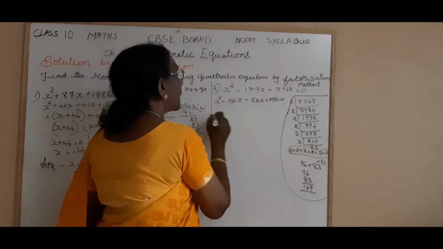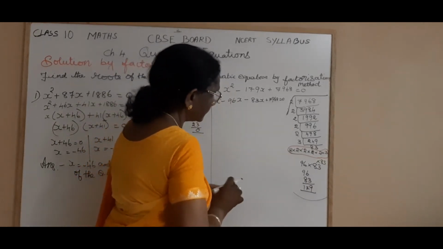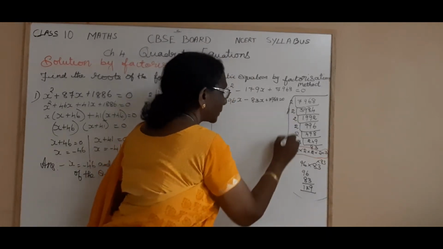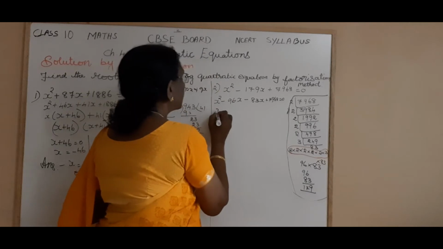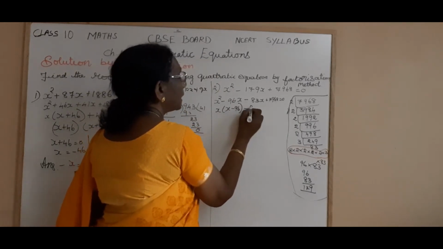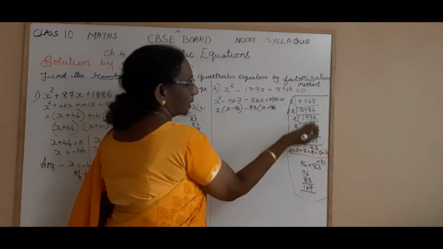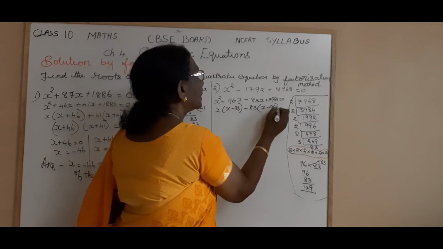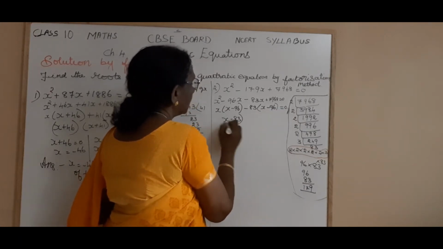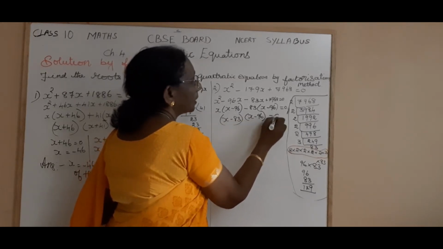Okay, so what is common here? X is common, so x minus 96 and minus 83 is common. Again x minus 96, straight away you can write because already we have factorized, is equal to 0. So x minus 83 into x minus 96 is equal to 0.